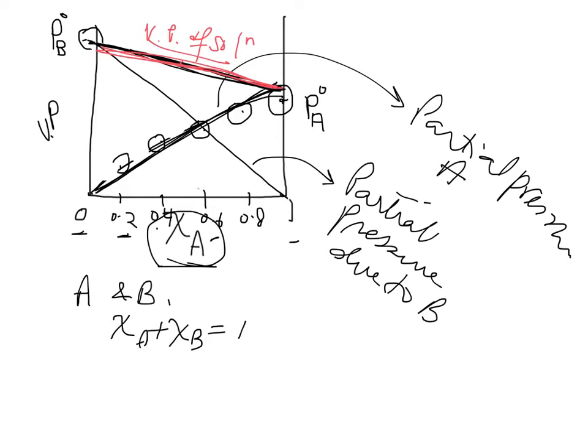Now, in reality, however, you will not see these as straight lines. In reality, the lines could be curved like that. This line could be curved, and consequently the vapor pressure would be curved as well. So it's not like a perfect straight line, but rather curvy lines. And those are what are called deviations from Raoult's law.